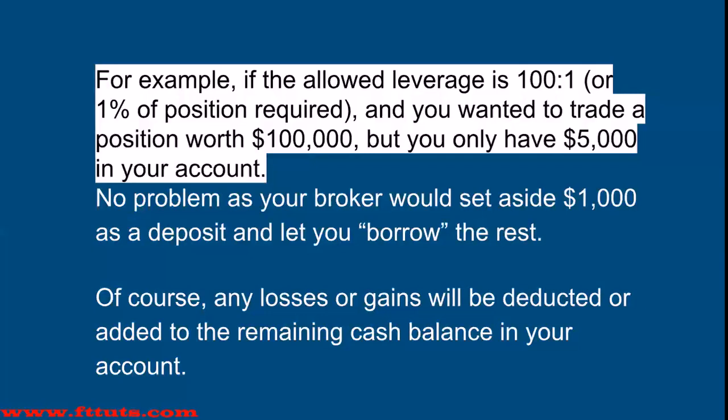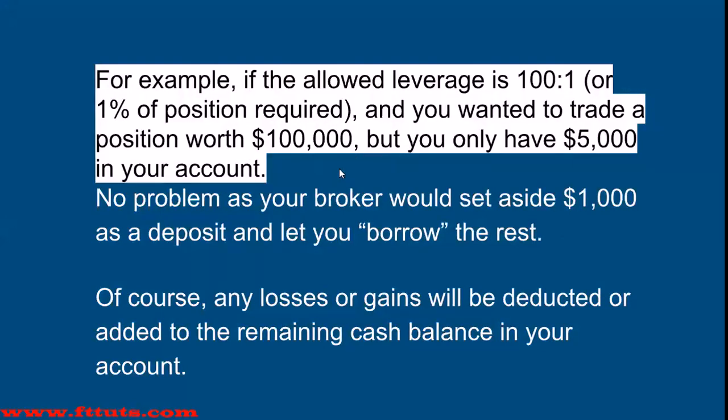Well, no problem. Your broker would set aside $1,000 as a deposit and let you borrow the rest. So look at this in better terms. If this is 100 to 1, or 1% of the position required, you would only need 1% of $100,000 to take on a $100,000 position.